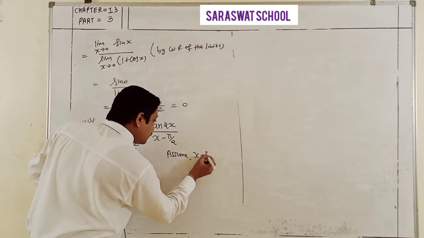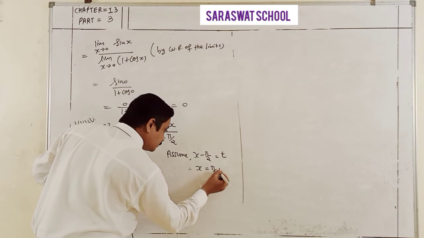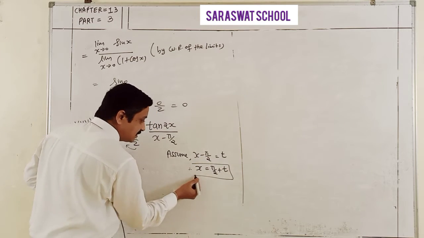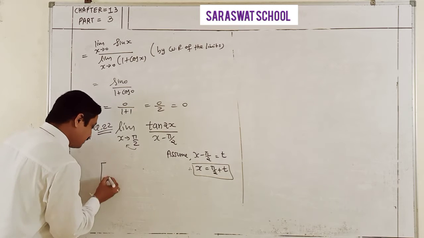that x minus pi by 2 is equal to t. So x is pi by 2 plus t, and I will put this in place of x. Now the limit changes.